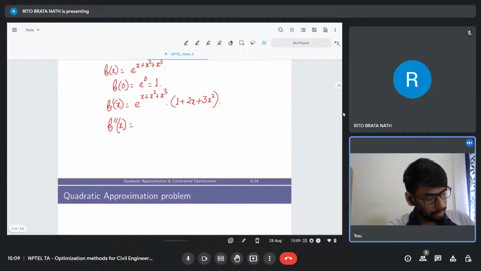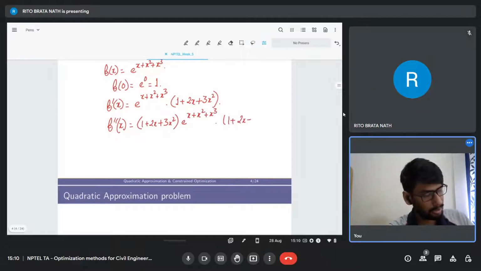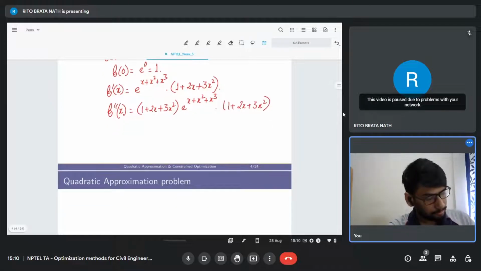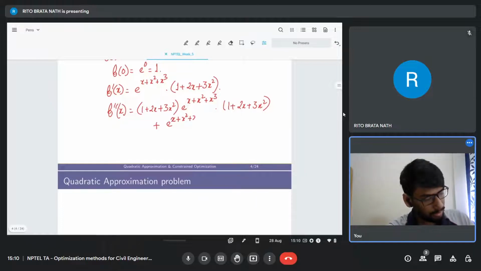So the first term remains as it is, and this part will be this again times (1 plus 2x plus 3x squared). And then I have this term times (2 plus 6x).